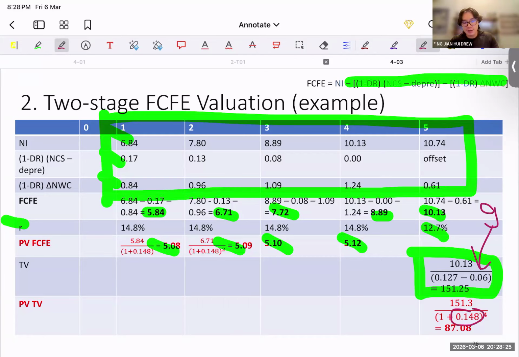So we use the discount rate based on the supernormal growth, which is GS, the return on equity for GS, which is the high growth return on equity.